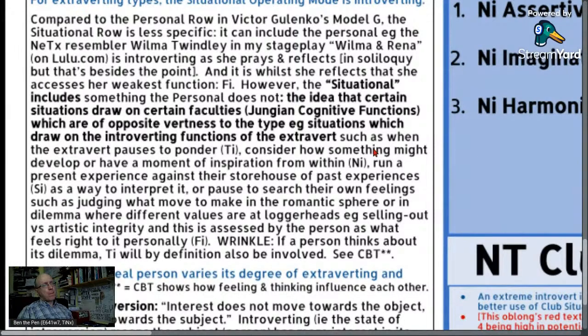So if we go meta, it's just this idea that the person will access their situational functions, their introverting functions within the extrovert, when the person is on its territory. But what about situations that force somebody to go to their situational functions?